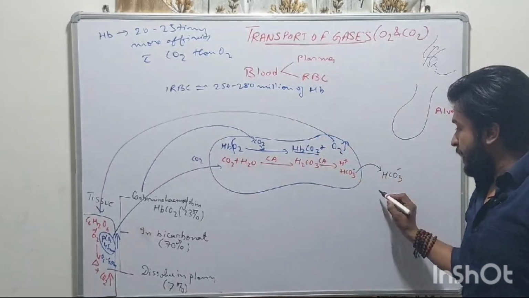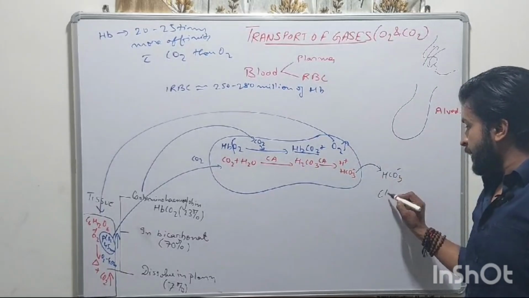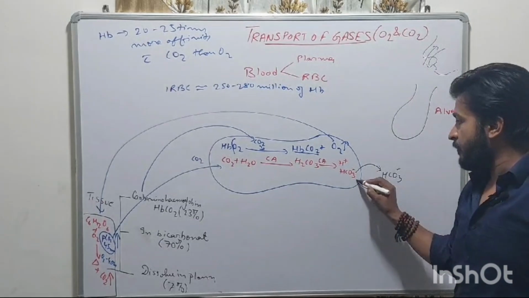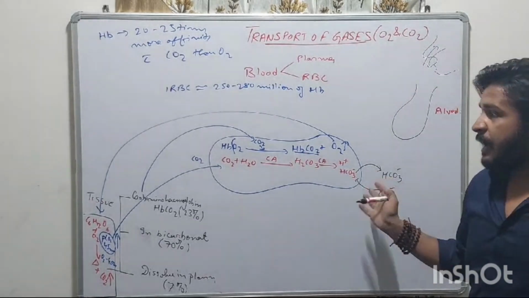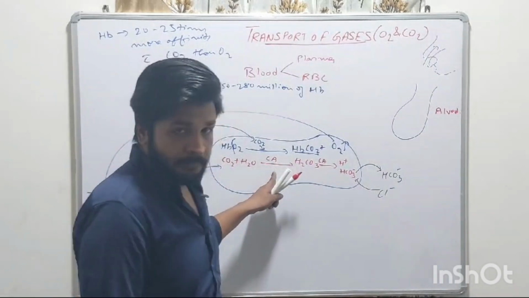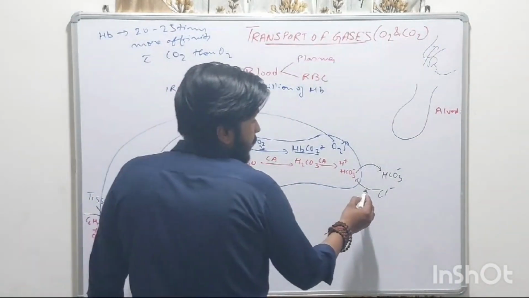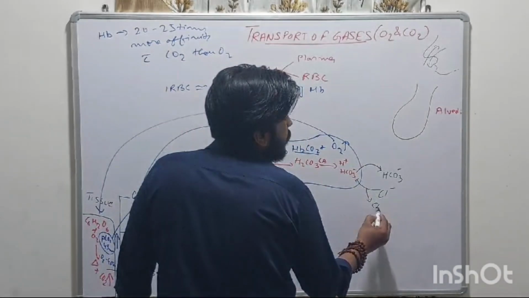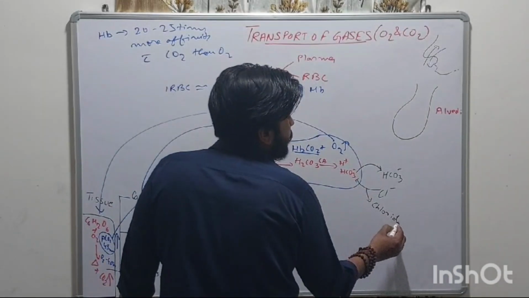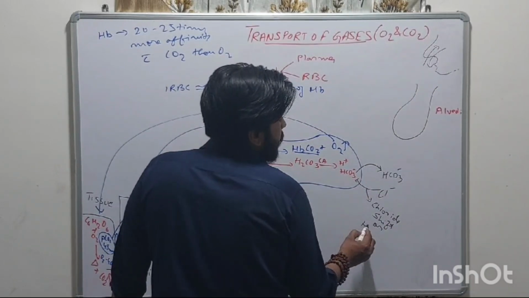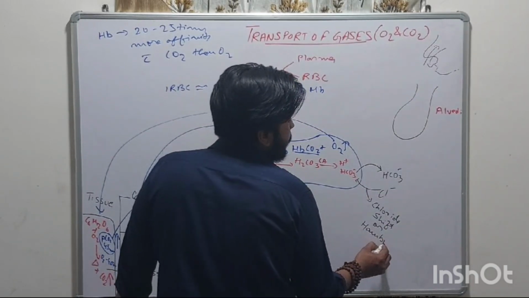So nature has to do something to maintain the charge balance, for which the chloride ion at the tissue level is pushed back into the RBC. This phenomenon to maintain the neutrality of the RBC is known as the chloride shift. It is also known as Hamburger's phenomenon.